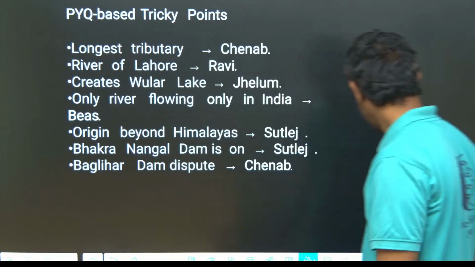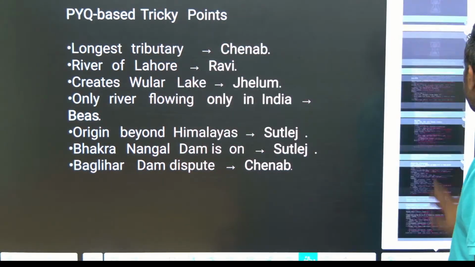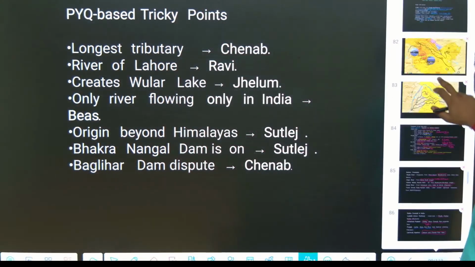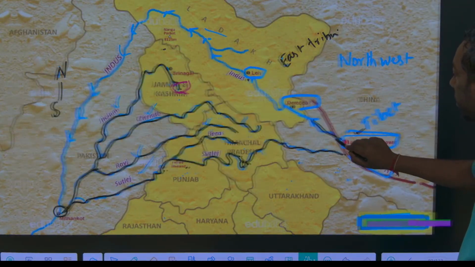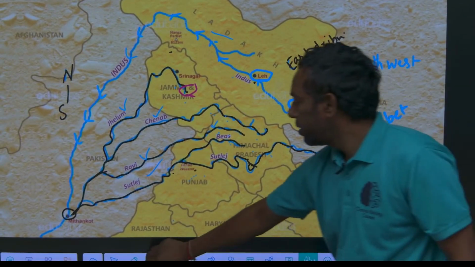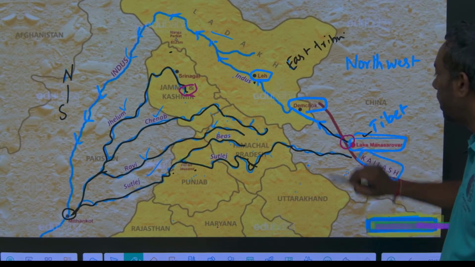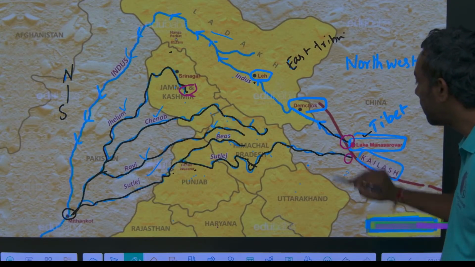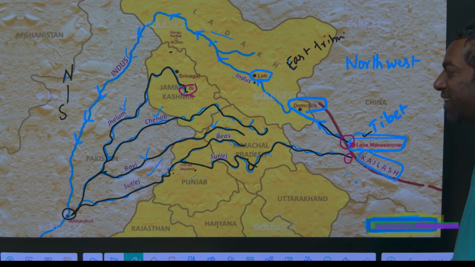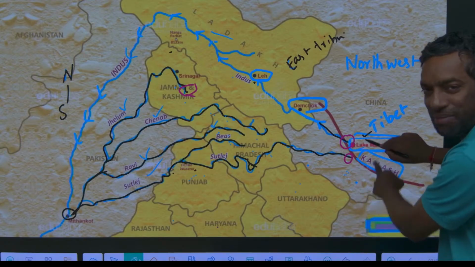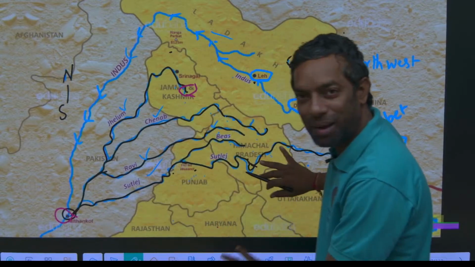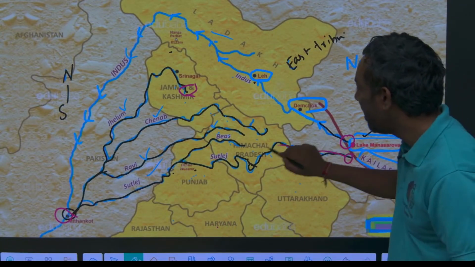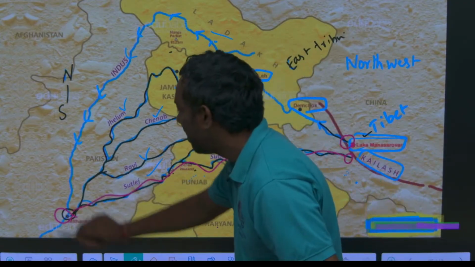Just look here. This is Indus, this is Satluj. Its origin is nearby, but it meets in Pakistan, and up to Mithankot, Satluj doesn't meet Indus.